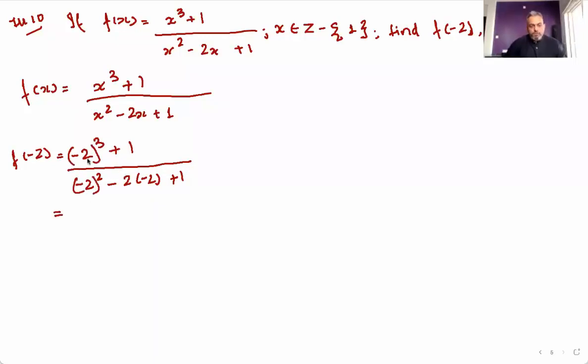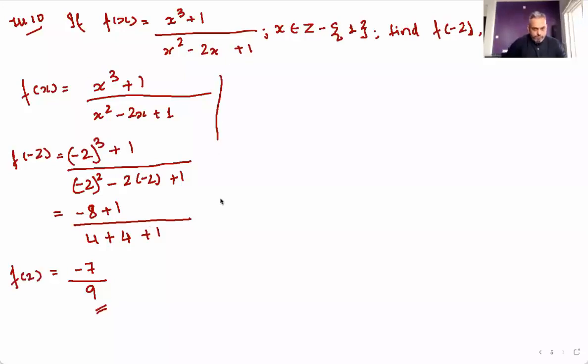So minus 2 cube is minus 2 into minus 2 into minus 2, that is minus 8, plus 1 upon minus 2 square is plus 4. Now minus 2 again into minus 2, so minus minus will become plus, and 1. Minus 8 plus 1 is minus 7 upon 4 and 4, 8 and 1, 9. So f of minus 2 is equal to minus 7 upon 9.